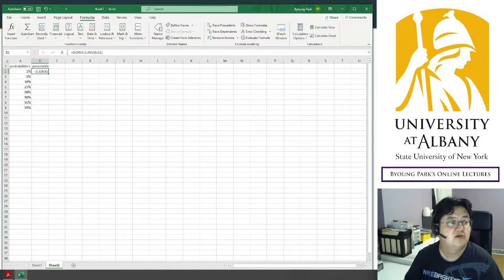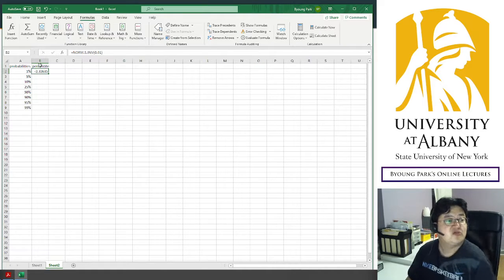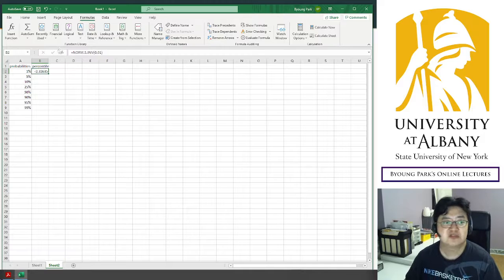So the answer is minus 2.32635. So the probability of being smaller than minus 2.32 is 1%. Or the 1 percentile is minus 2.32.